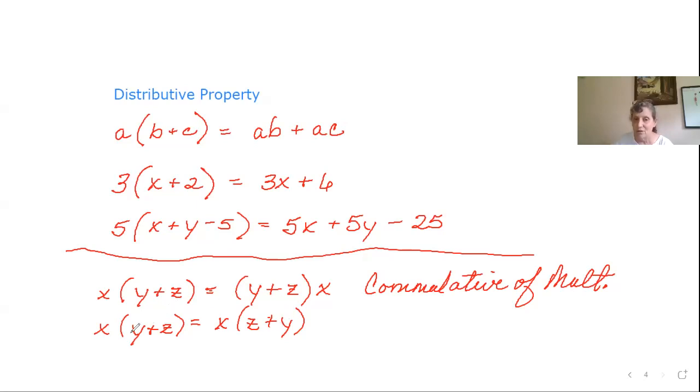What changed was the order of the addition. So because it's order, because stuff moved, this is commutative property. The things that moved are added. So it's the commutative property of addition.